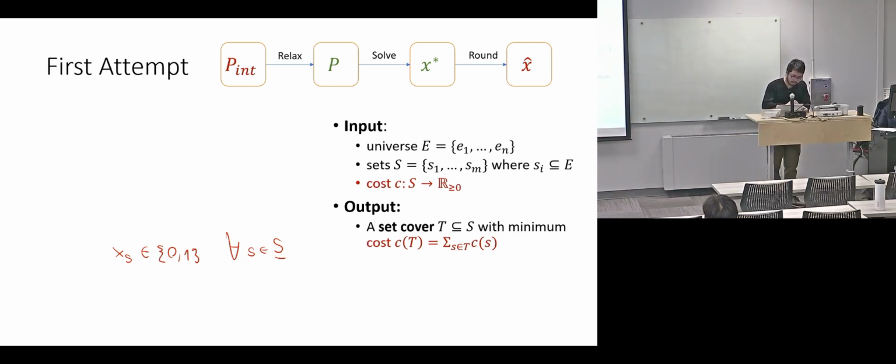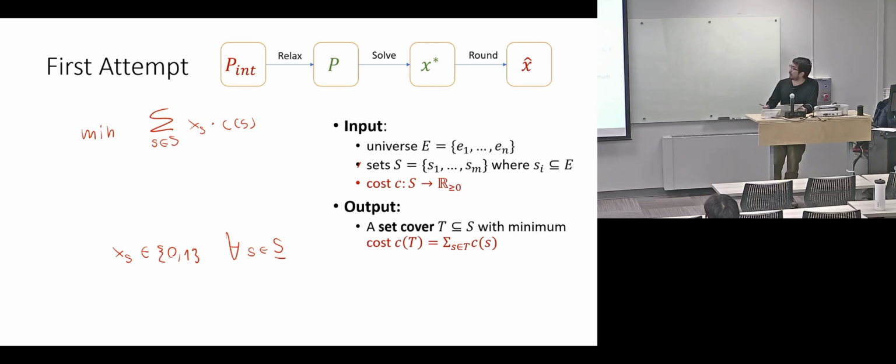So what is the objective? Minimize the sum over x_S. Not quite, but close. Something is missing. Is it the cost? Exactly. The cost of the set times the indicator, so x_S times the cost of S. Good.